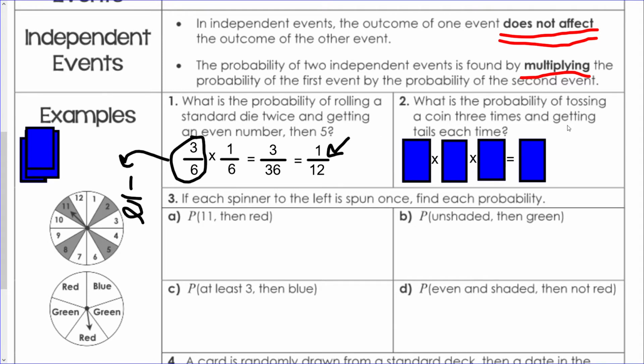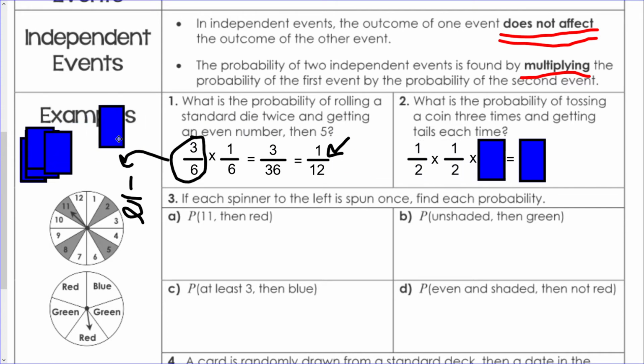So what is the probability of tossing a coin 3 times and getting tails each time? Again, these are independent because the first flip has no bearing on what you're likely to get on the second flip, assuming your coin is not something rigged that always flips the same way. So the first flip, you have a 1 in 2 chance of getting tails.